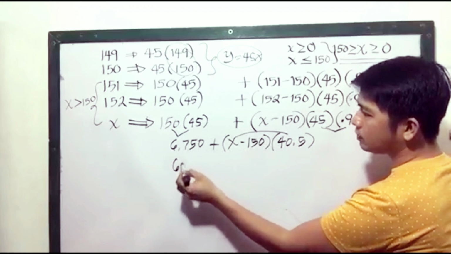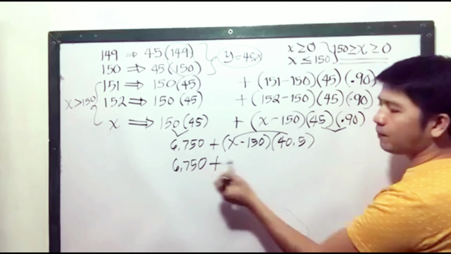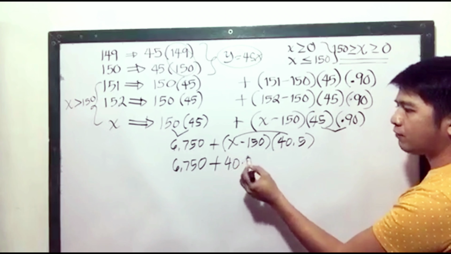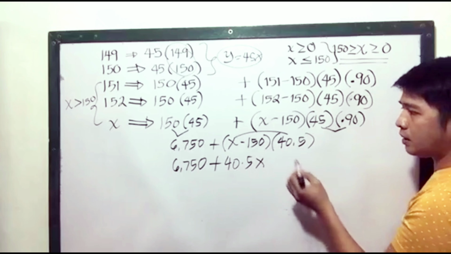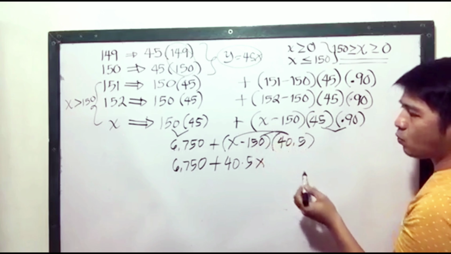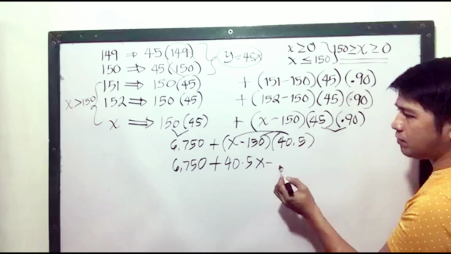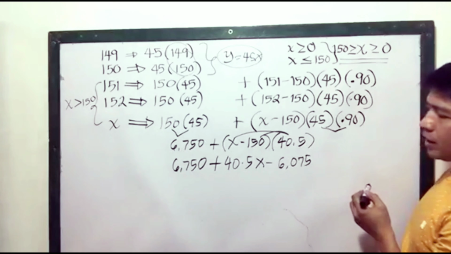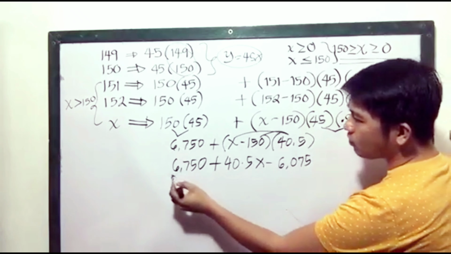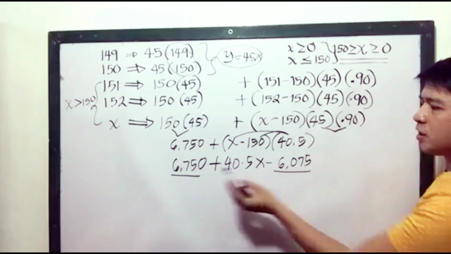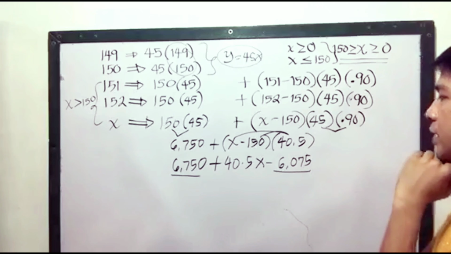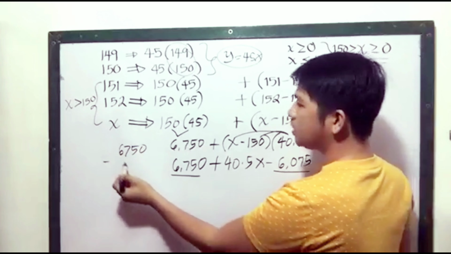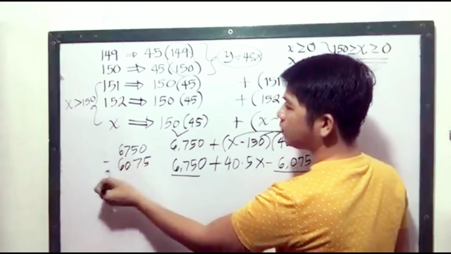Bring down first, plus 40.5 times x is 40.5x. Then 40.5 times 150, that is a negative 6,075. Then we can combine these. Since they have different signs, we will just subtract. 6,750 minus 6,075.